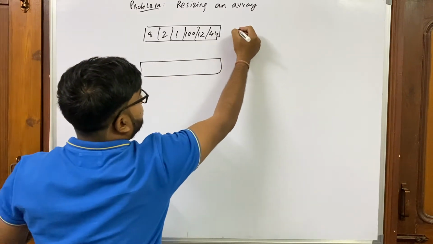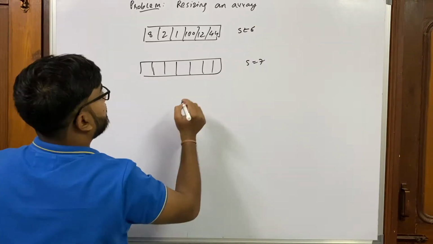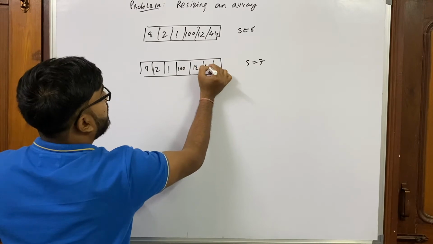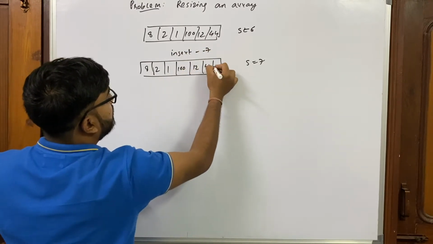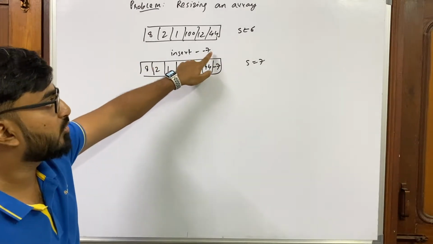So if this has size 6, this has size 7. So this is 8, 2, 1, 100, 12, 44, and if I want to insert say -7, this is -7. So this is basically resizing this array to insert one more element.